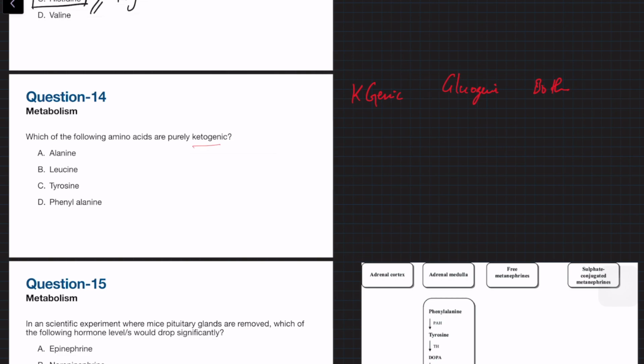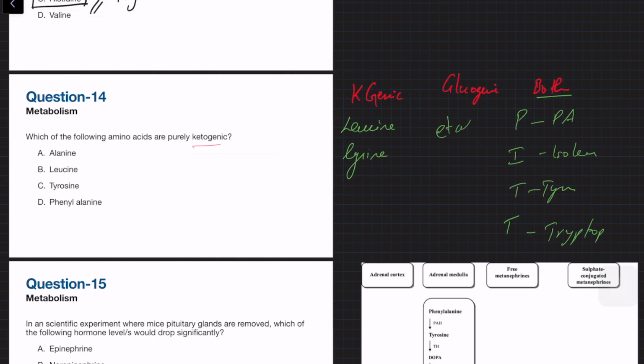Purely ketogenic are leucine and lysine, and both glucogenic and ketogenic is PIT, like Brad Pitt: phenylalanine, isoleucine, tyrosine and tryptophan. Everything else is glucogenic. Okay, just remember this list.